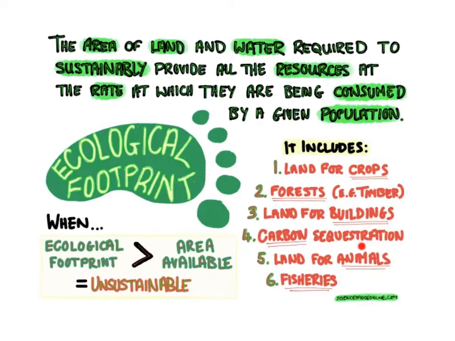This is land area to take up the carbon dioxide, some of the wastes that we're responsible for, land for animals, for our meat, and for fisheries. And it's important to note before I leave this slide that when the ecological footprint is greater than the land area available to the society, that society is living unsustainably.